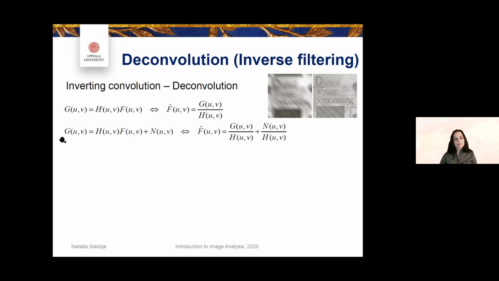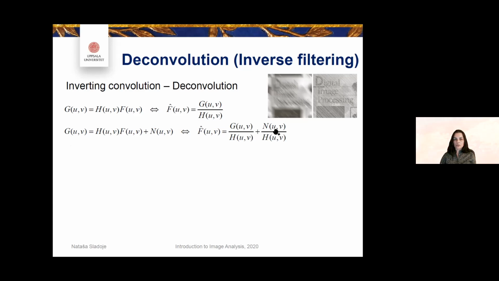Well, it's time to remember that we did not consider noise so far. So it's time to bring it back into the equation. Now when we add noise, and also work with its Fourier transform, then our formula for recovering our function f looks like this.